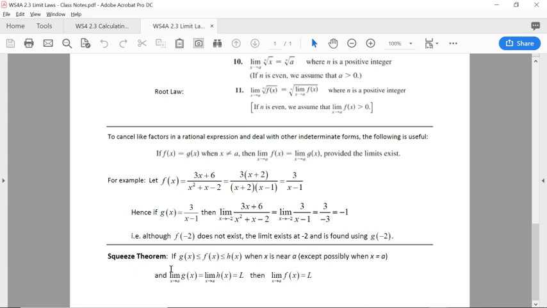And the last thing we'll take a look at here in this section from these notes will be the squeeze theorem, outlined here.